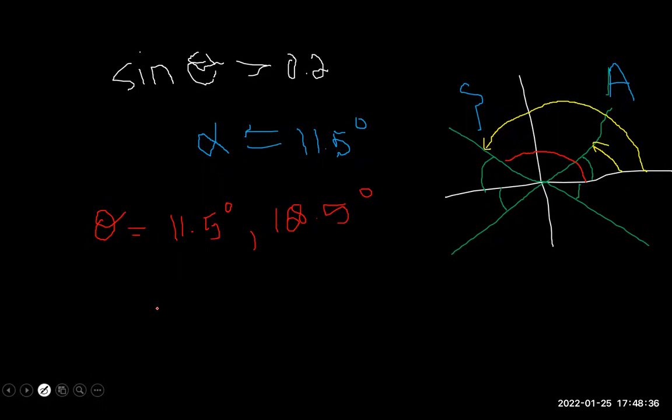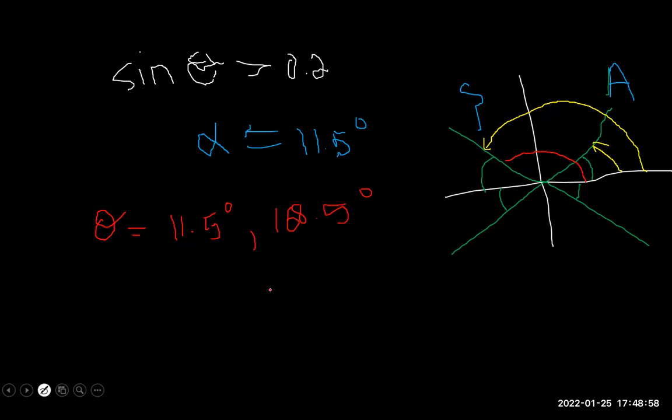Just to check it yourself, find sine of 11.5. Can anybody tell me what that answer is? Just put it into a calculator, to one decimal place. Sine of 11.5 is 0.2.